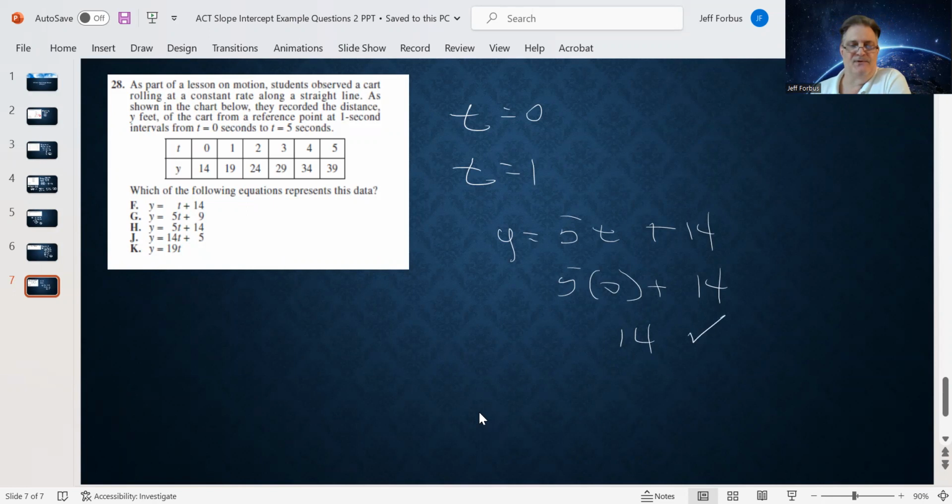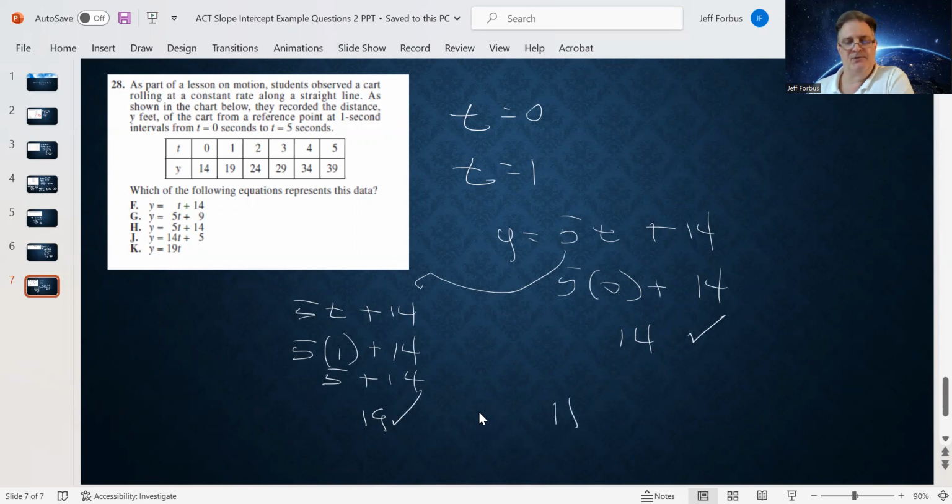If you substitute a 1 here, 5t plus 14, 5 times 1 plus 14. 5 times 1 is 5 plus 14 is 19. So 1 and 19 check. So we found the equation that works. Answer choice H.